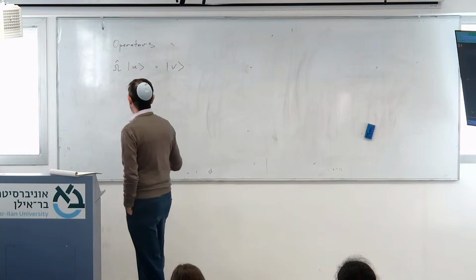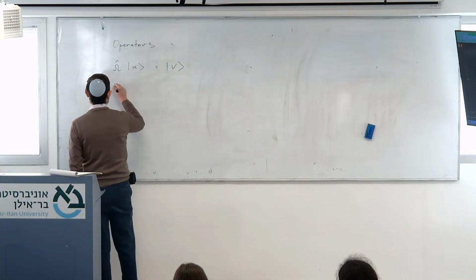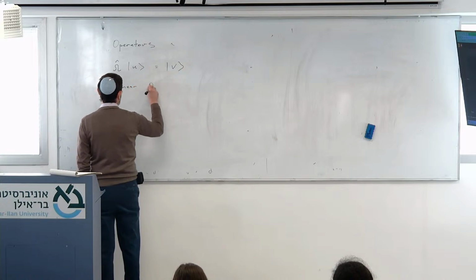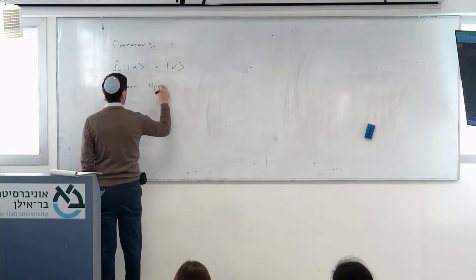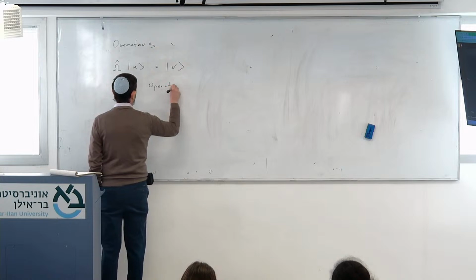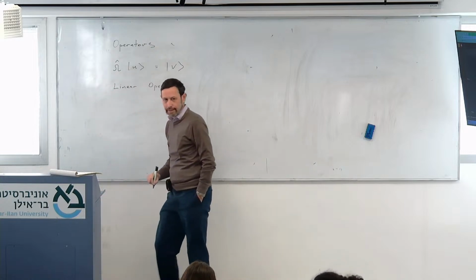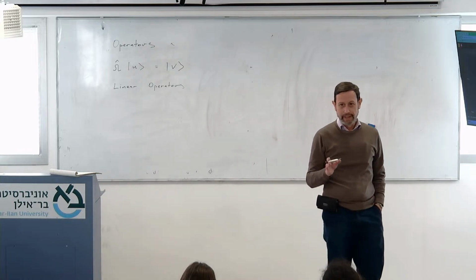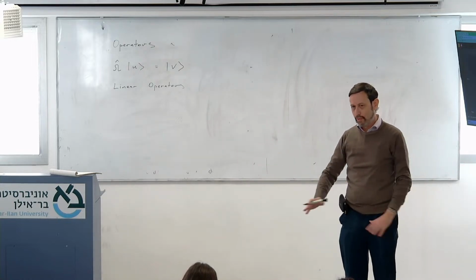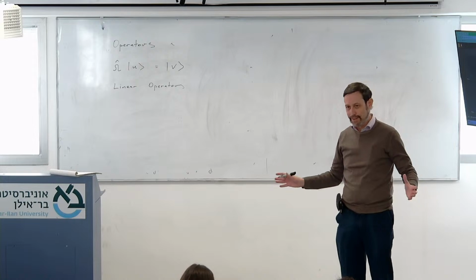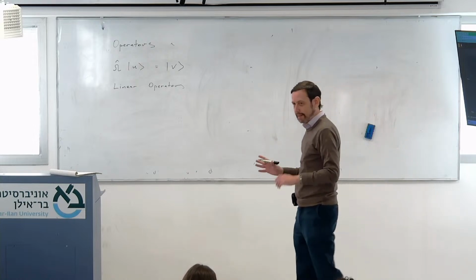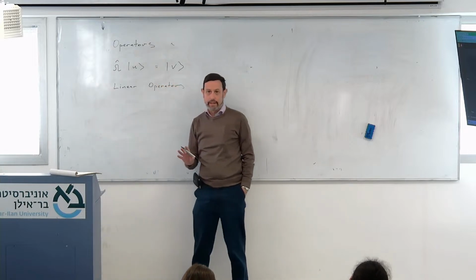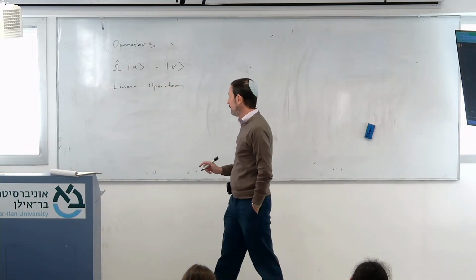And now, again, all quantum mechanics is a theory of linear operators. Operators can do many strange things, but in quantum mechanics, any operator of interest is a linear operator. What does it mean?